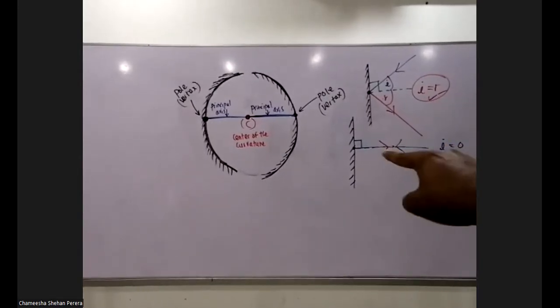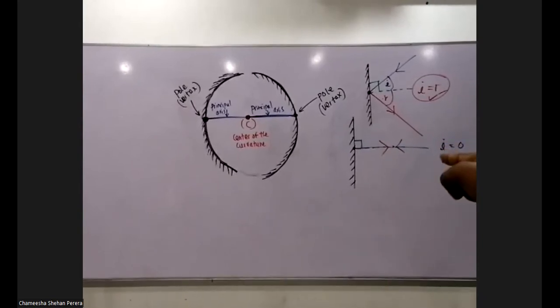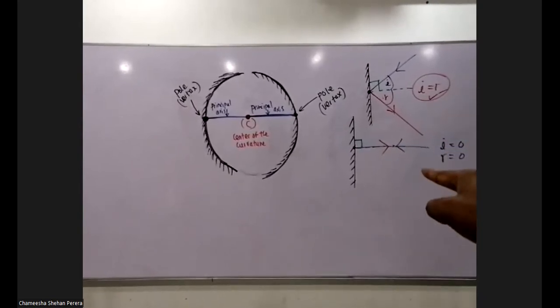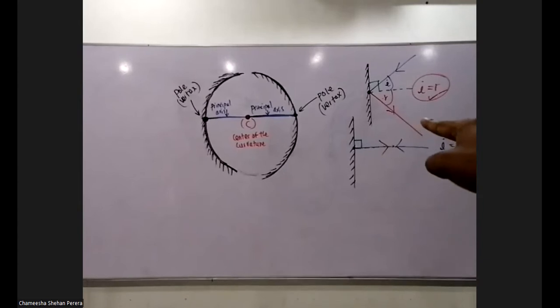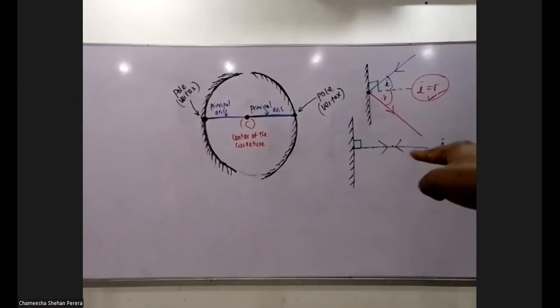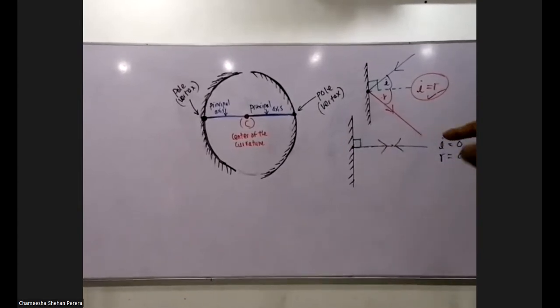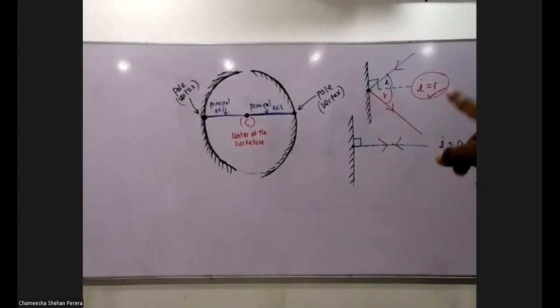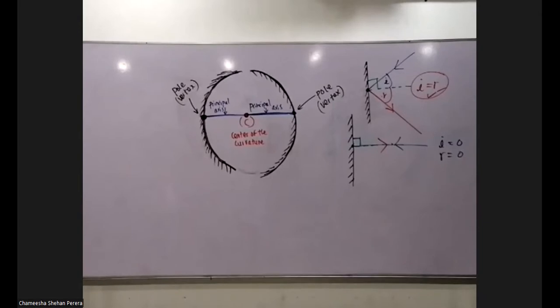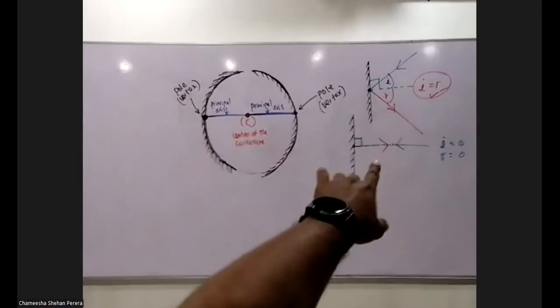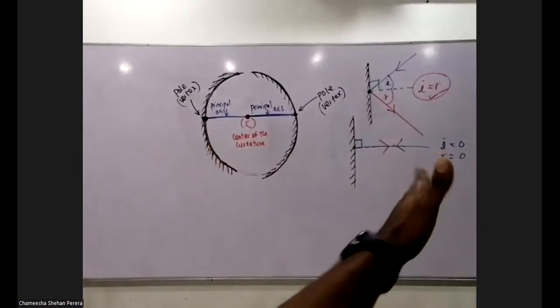So if the incident angle here is 0, the reflected angle here also should be 0. So the reflected ray also should travel on the same path, with no angle between the normal and the reflected ray, right? So that was the reason for this light ray to get back along the same pathway.